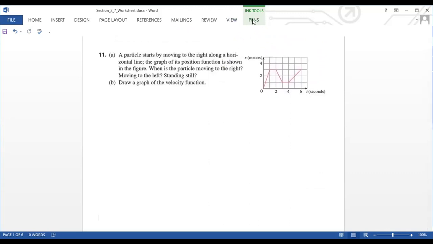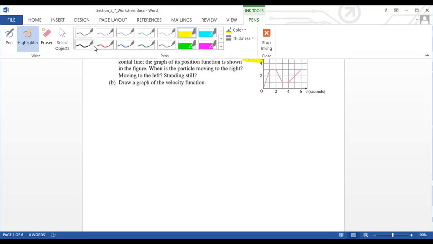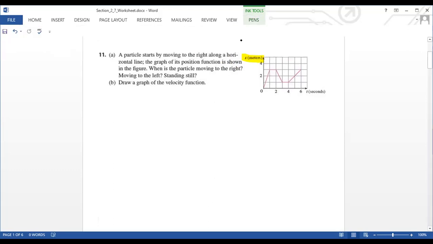This one is a good problem. Let's say a particle starts moving. The y-axis shows how many meters the particle moved, so it's like your position function. It goes from 0 to 1 seconds, 1 to 2, 2 to 3, and 4.